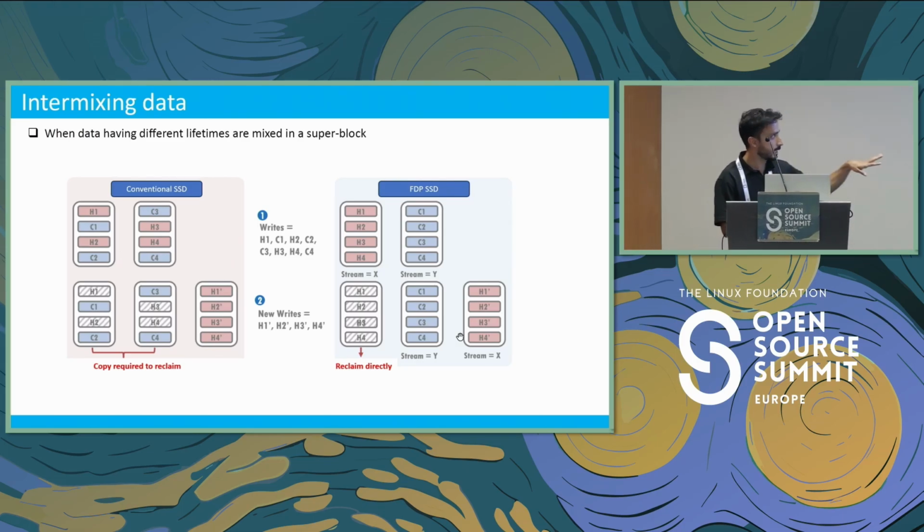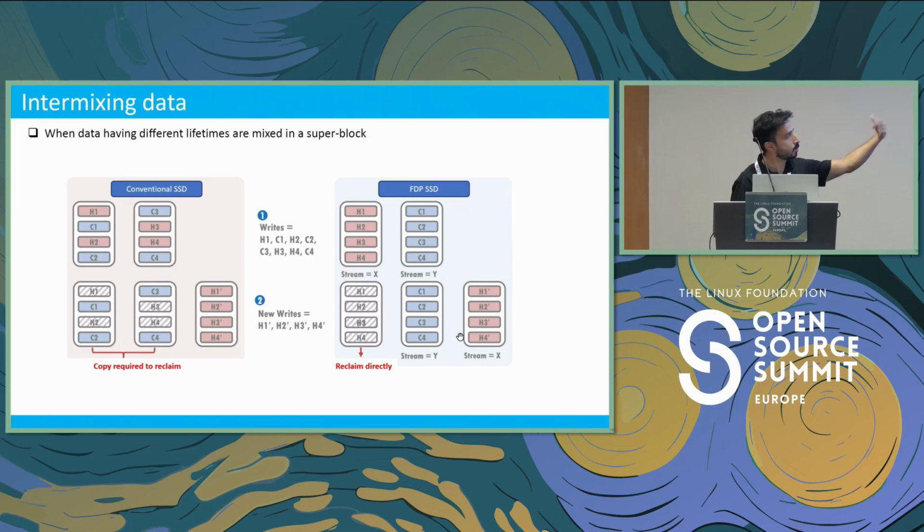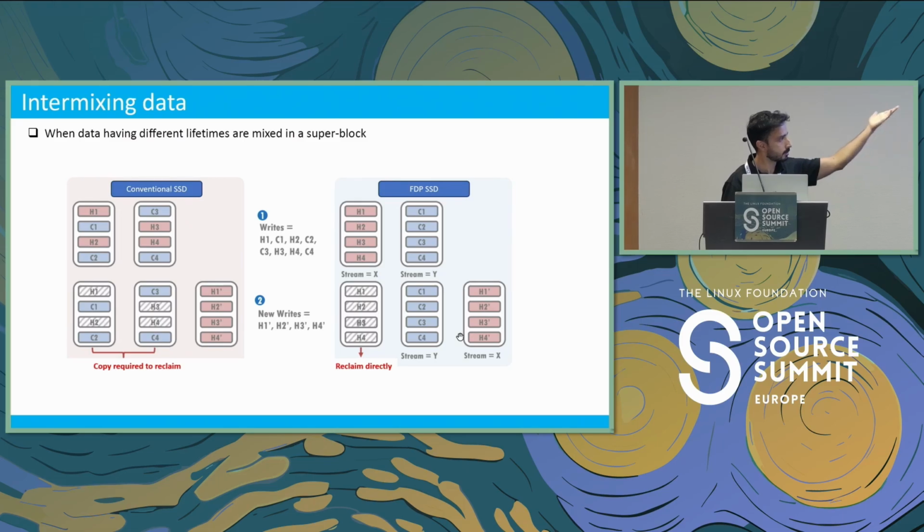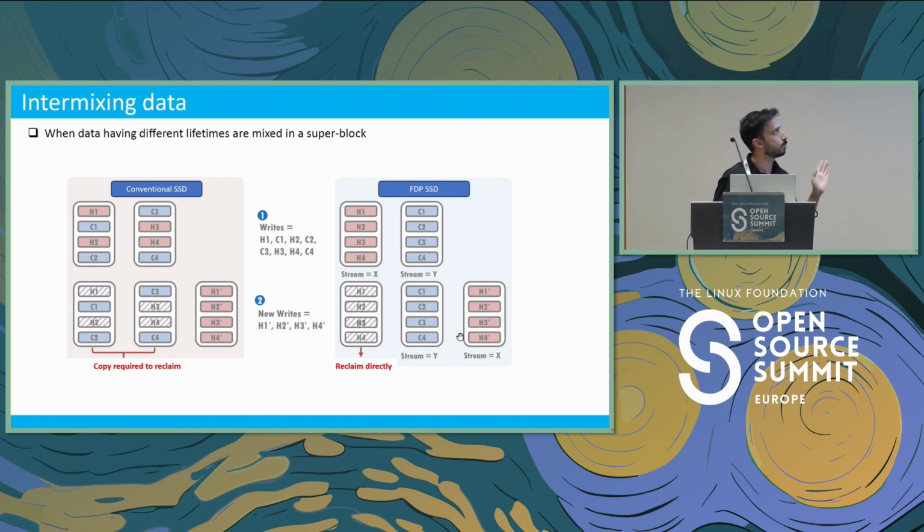With that, what happens is that when you overwrite, you end up invalidating your whole block. So all the H1s become invalid. Now, if garbage collection happens, it can reclaim the entire thing without moving anything. It can just erase the whole block.